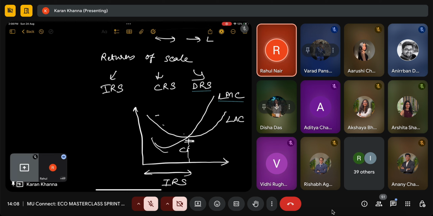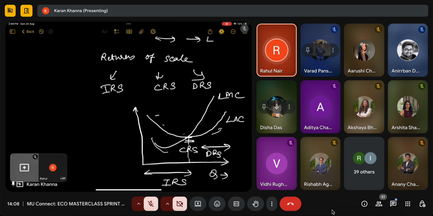At this particular point, we have CRS, constant returns to scale, where the average cost curve is constant. Then after this, it is DRS, diminishing returns to scale, where the more output you make, the average cost increases. So this is basically a long-term perspective of the same thing that we explained in the burger scenario.